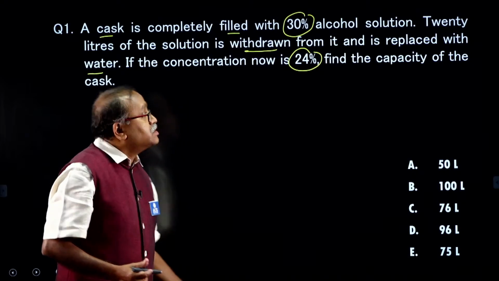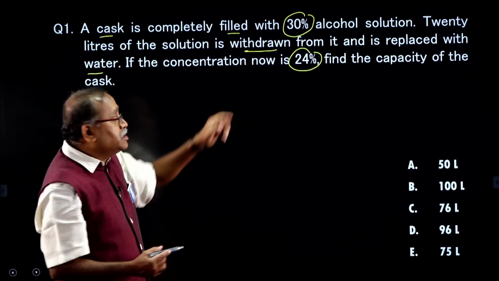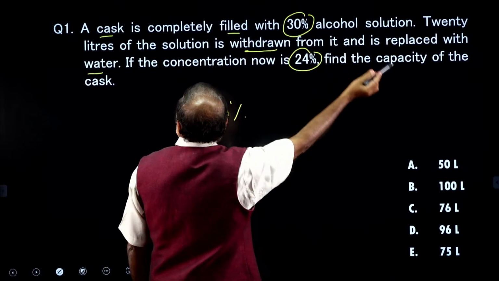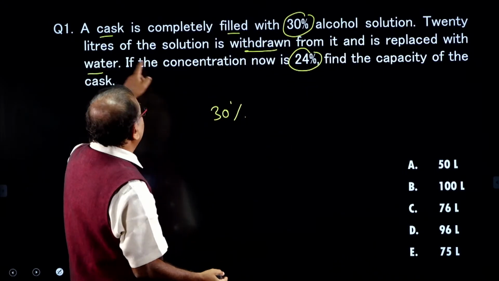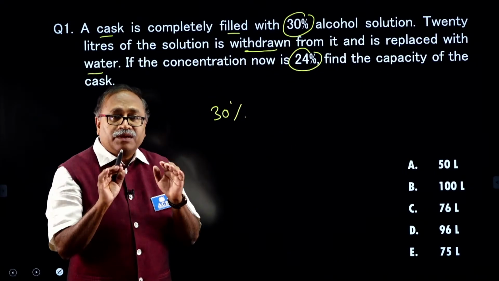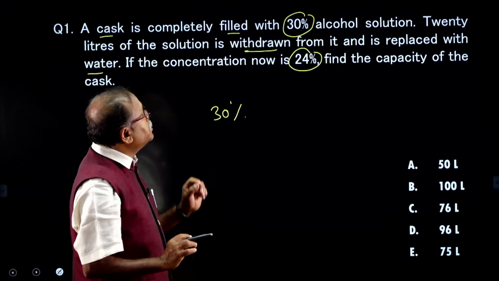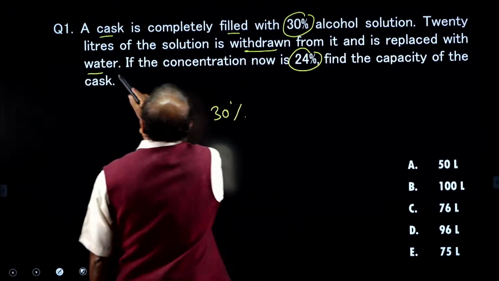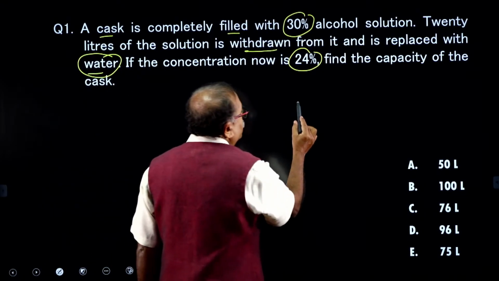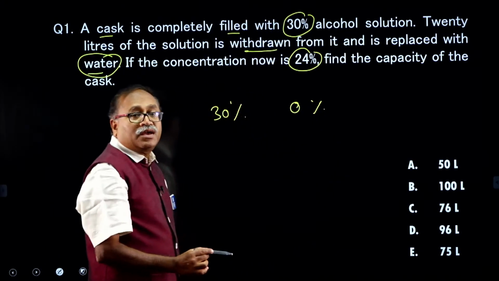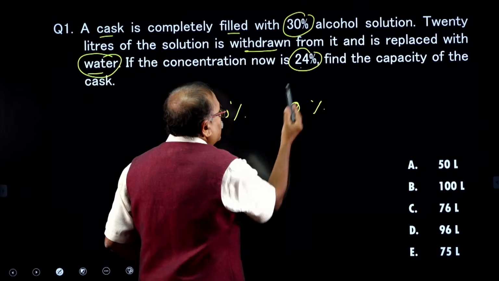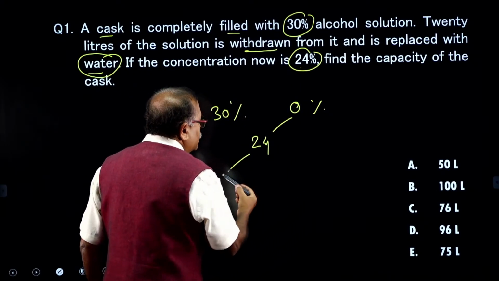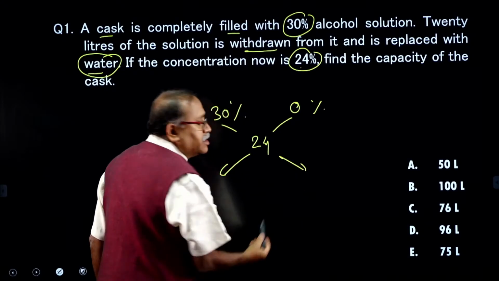What is the way to answer the question? Initially it was 30% alcohol. Even if you have taken out the solution, the mixture had 30% alcohol. Now, you are replacing that with water. In the water there is 0% alcohol, and after mixing these two, the alcohol becomes 24%. So, in what ratio are these mixed?